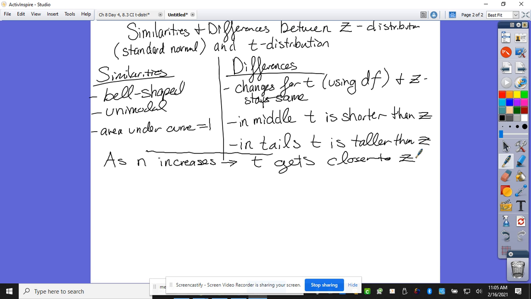Because what value do we have on that chart? Infinity, and the values for the line where N is infinity are actually our Z values.